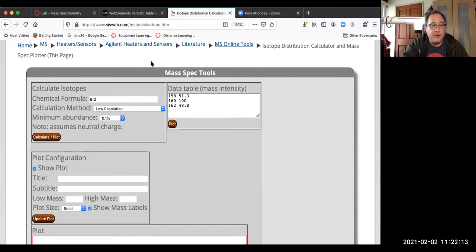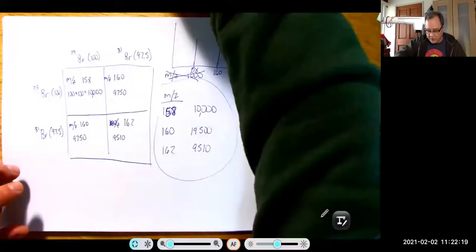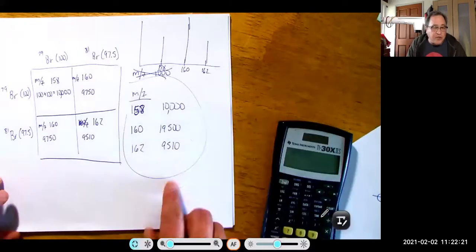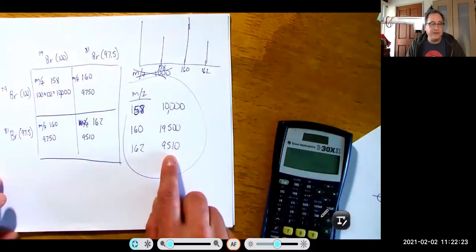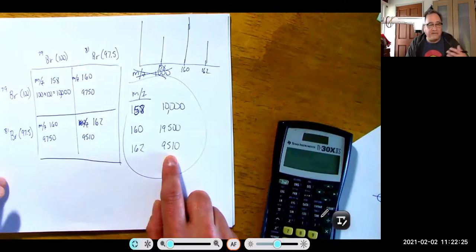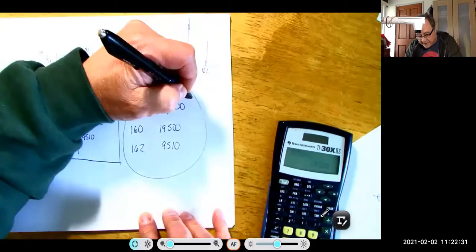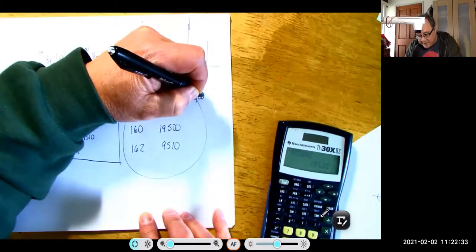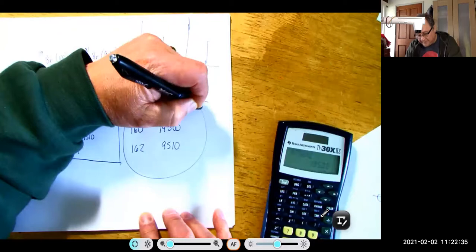I'm going to do another share here. And how might I turn this into those numbers we saw, 100, 48.8, and 51.3? I'm going to show you how to do it. You take this 10,000, divide by 19.5, and multiply by 100.